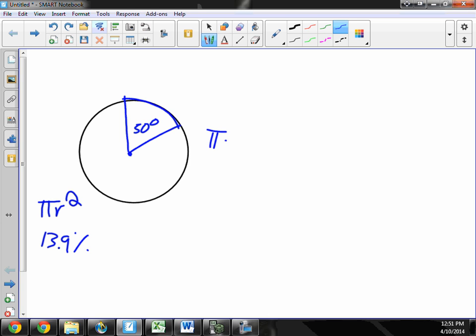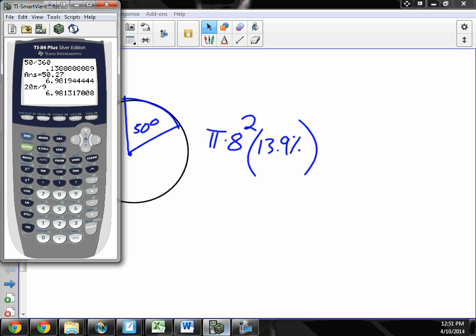So pi times 8 squared times 13.9%. So pi times 8 squared times 0.13, it was 0.13888, wasn't it? Oh, what did I do? And then I need a pi also. Does that seem right?